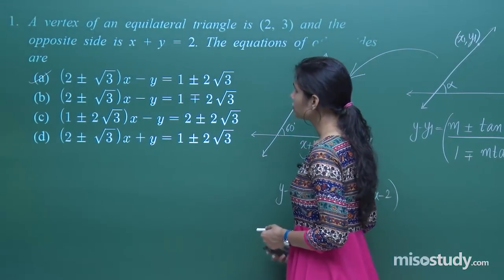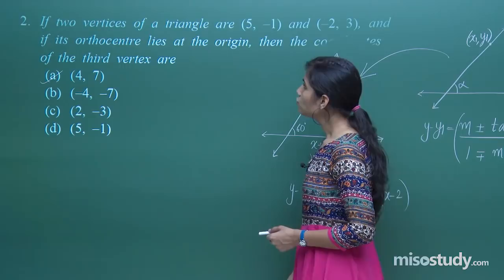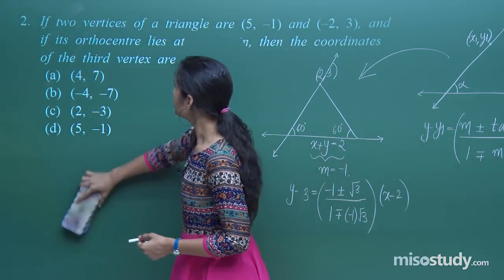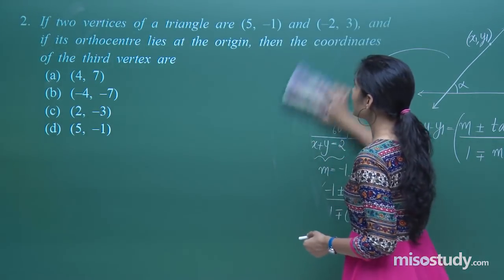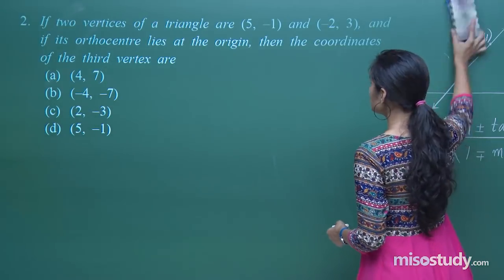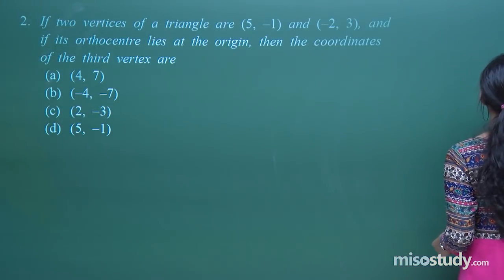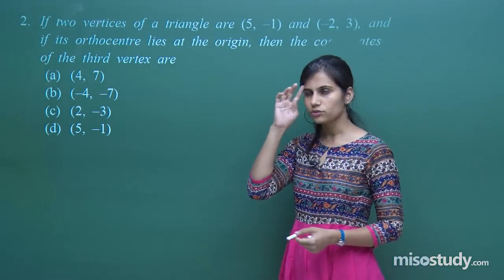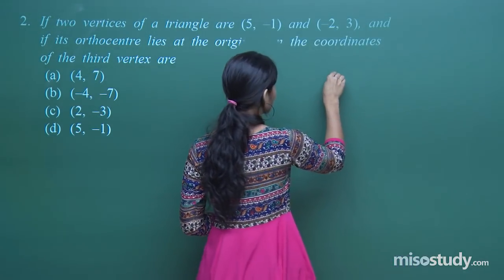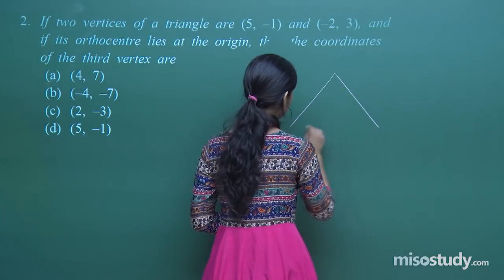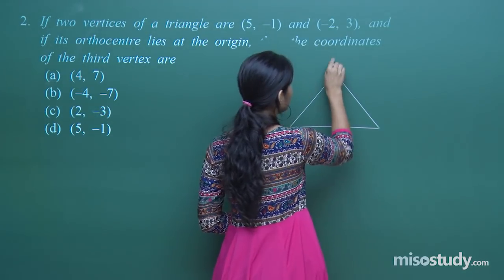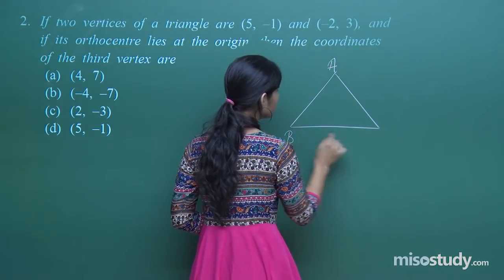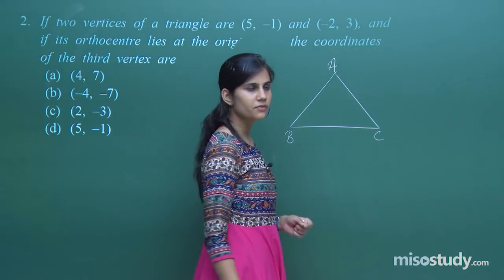Moving to the next question, we have: if two vertices of a triangle are these and its orthocenter lies at the origin, then the coordinates of the third vertex are what? Okay. So information about two vertices and the orthocenter is given to us. Because the orthocenter's information is given, clearly the concepts about orthocenter should be very clear.